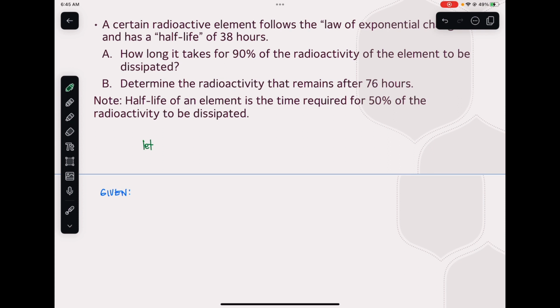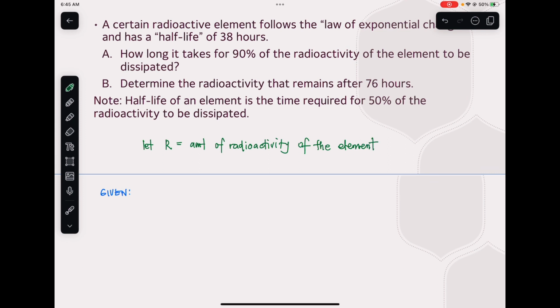It's 100% radioactive and just decays over a certain period of time. So I'm going to let R be the amount of radioactivity of the element.